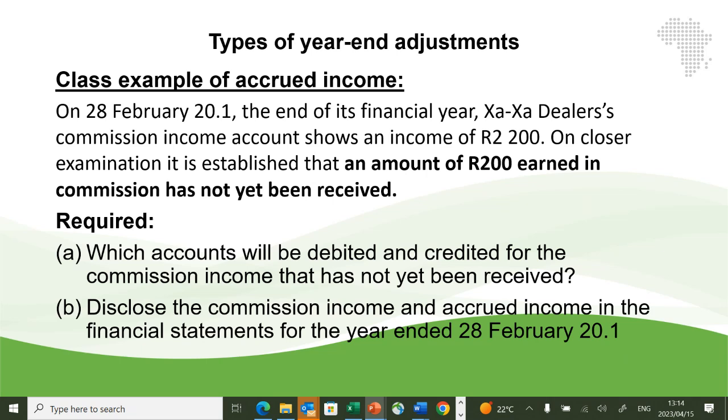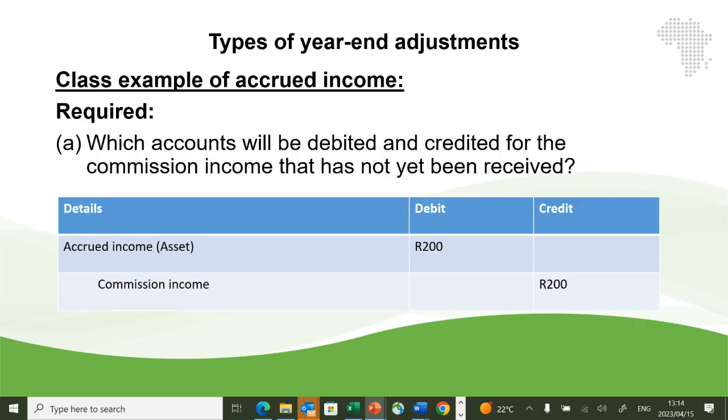So that 2,200 excludes this 200, but we want this 200 to be part of that 2,200. So which means we need to credit what? Commission income. Because we know income increases on which side? On the credit side.